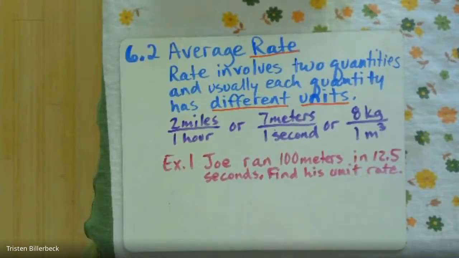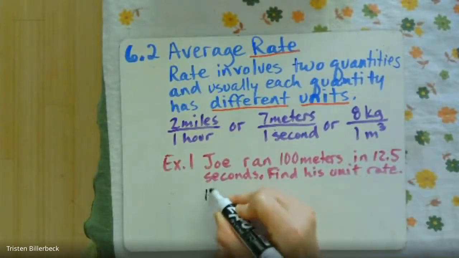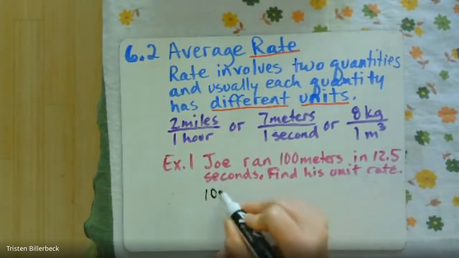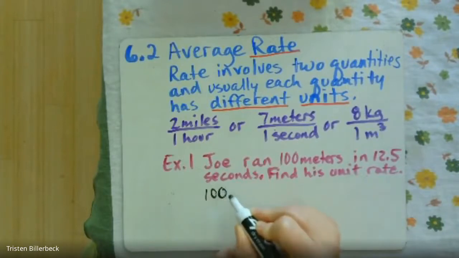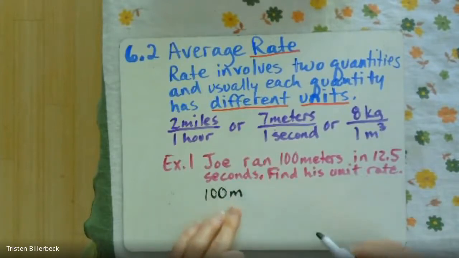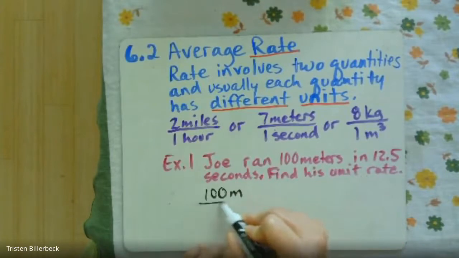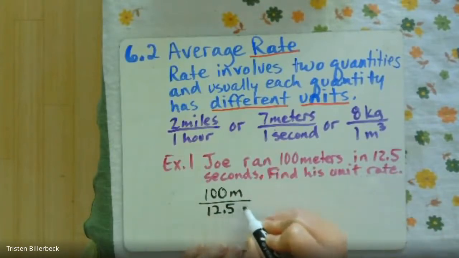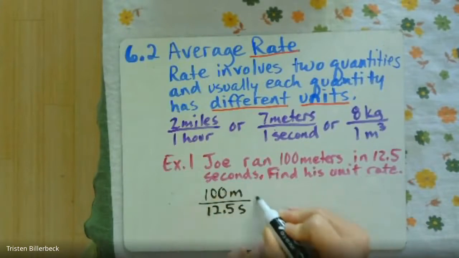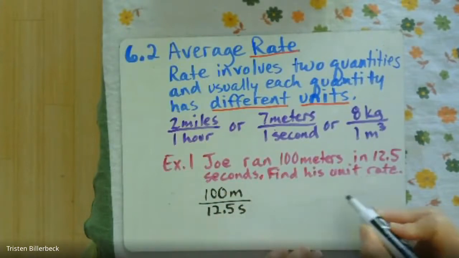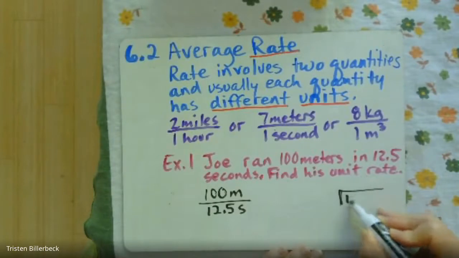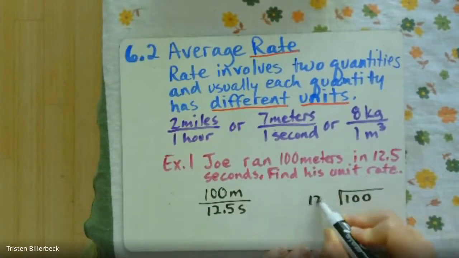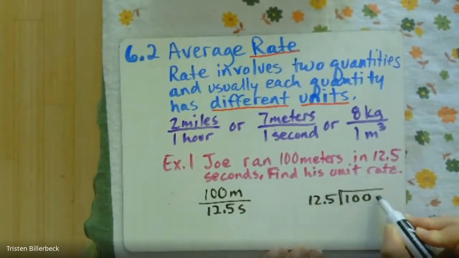So let's see some other examples. Joe ran 100 meters in 12.5 seconds. I'm going to abbreviate meters with an M and seconds with an S. How many 12.5s are there in 100?